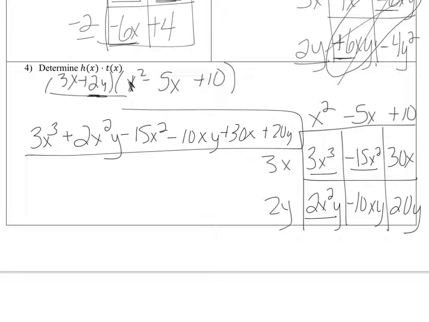So I write all these out. None of them have the same variable and the same exponent on that variable. So there's nothing we can add. Like this has x squared y, this is just xy. This one would need a 2 to have been able to add them. So that's it. That's binomial times a trinomial. Have a good day.